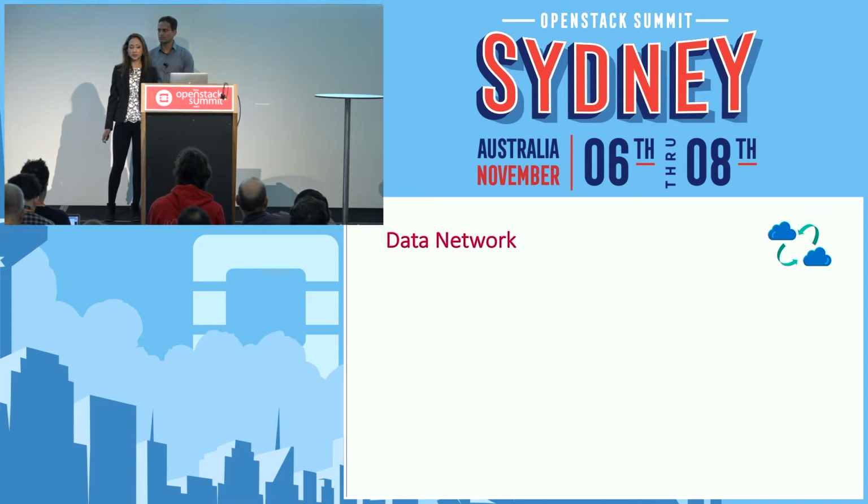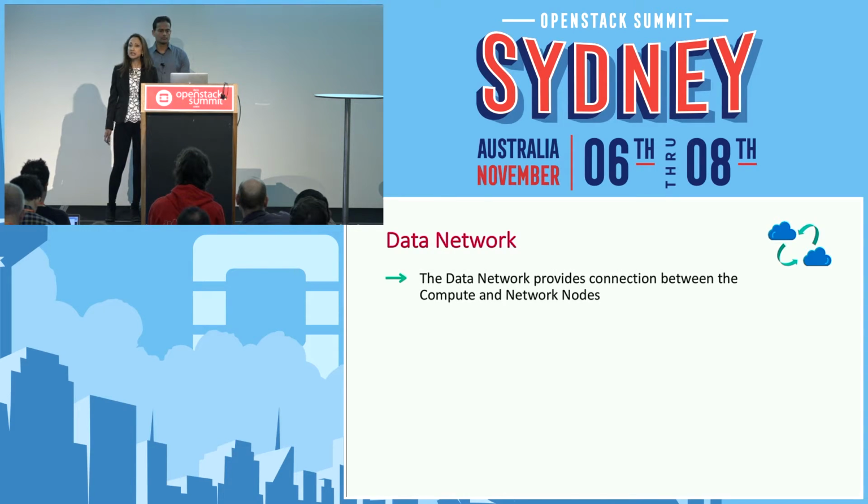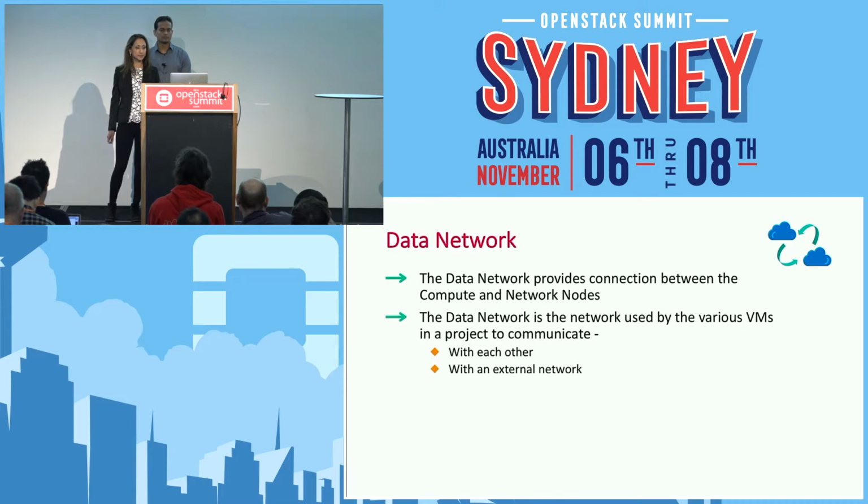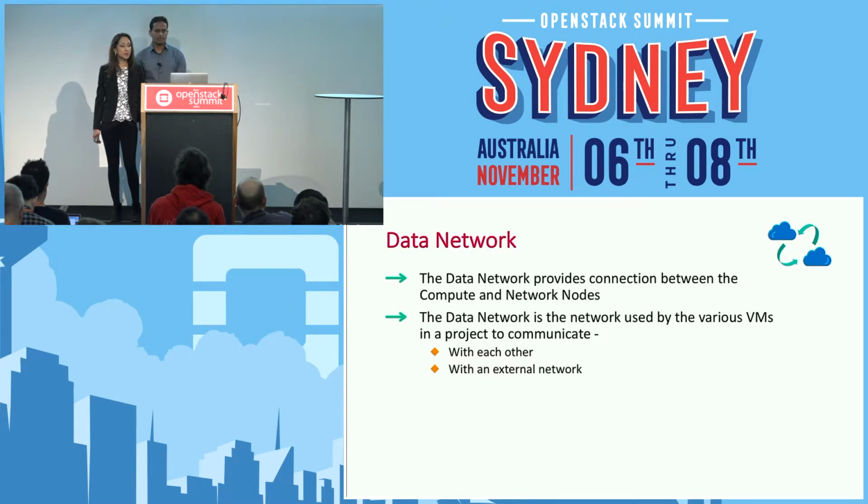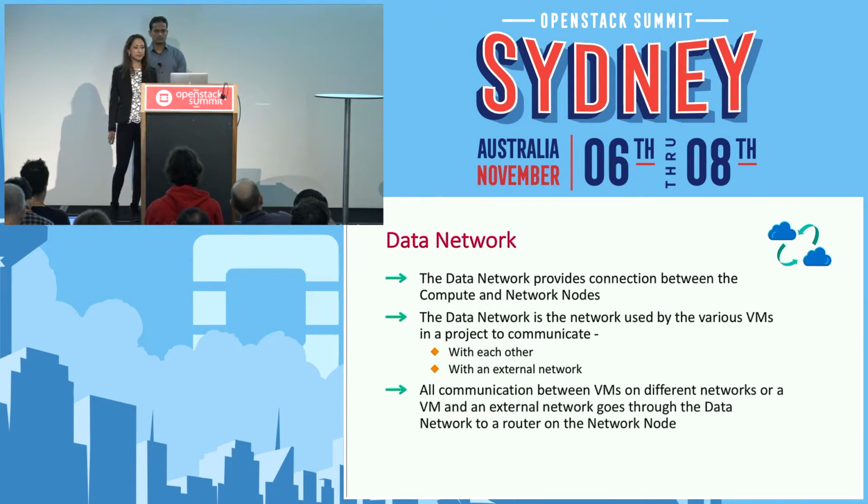The data network. The data network is the network that provides a connection between the compute nodes and the network node. The data network is the network that is used by the various VMs in a project to firstly communicate with each other and to communicate with an external network.